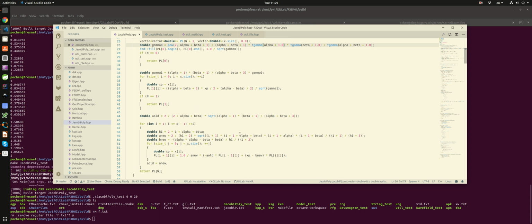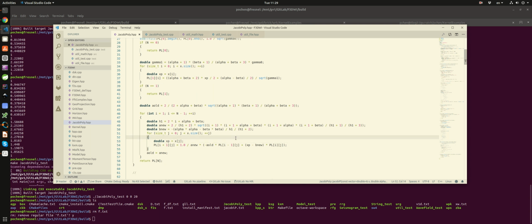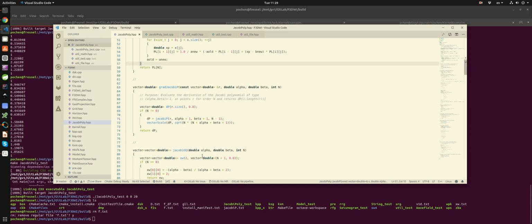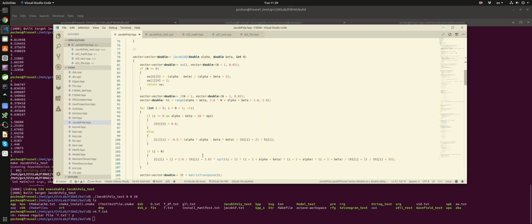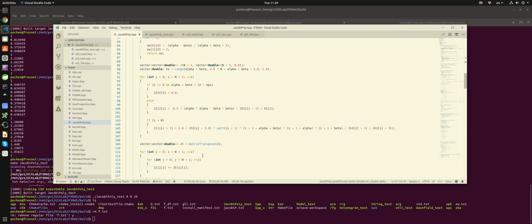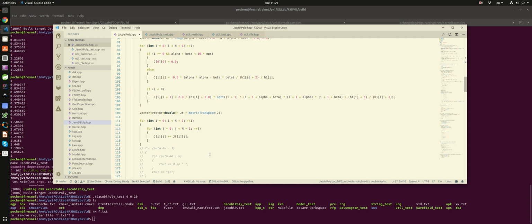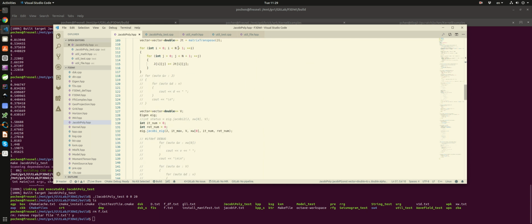It doesn't involve too much complexity. It's just copying over existing formulas that you can find on the internet. It's not too hard, right? So once we know how to evaluate the Jacobi polynomials, we know how to evaluate Lagrange polynomials.